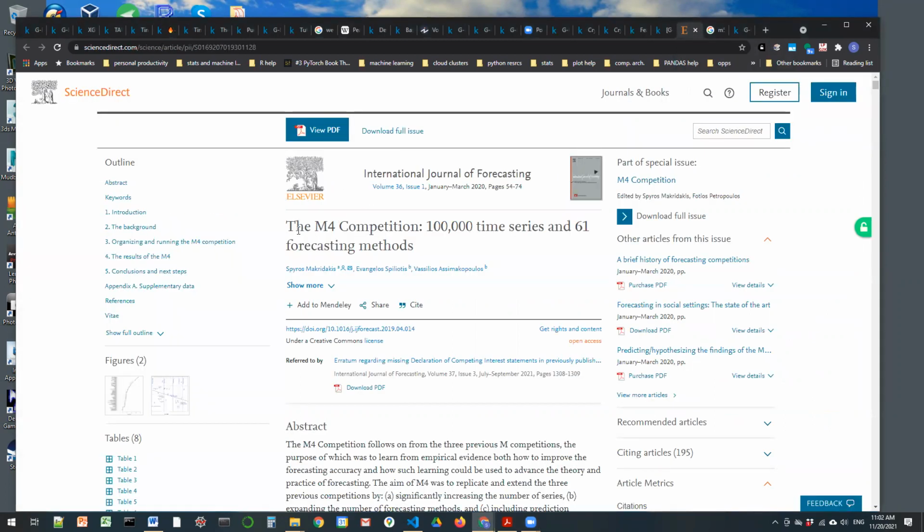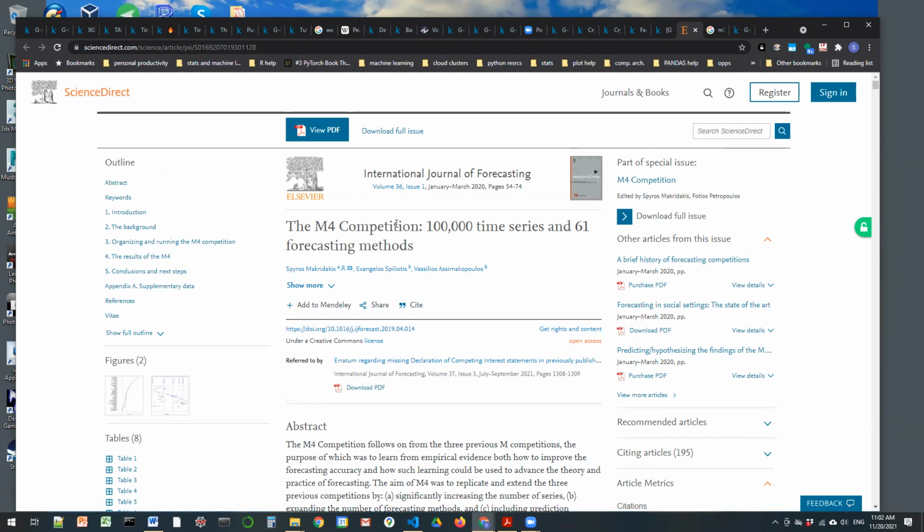So here's the thing that I wanted to share. Apparently they run this periodically. I forget the name. It's called the M4, and the M stands for the name of a person. Last year they ran the M5 competition, and there's even a journal dedicated to forecasting that talks about time series and the state-of-the-art methods.